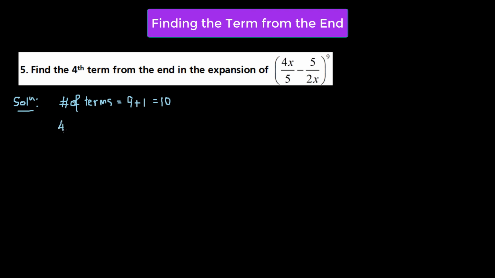Then we find out the fourth term from the end, and that is equal to 10 minus 4, and we add 1 to it. So 10 minus 4 is 6, 6 plus 1 is 7. So the fourth term from the end is equal to the seventh term from the beginning.